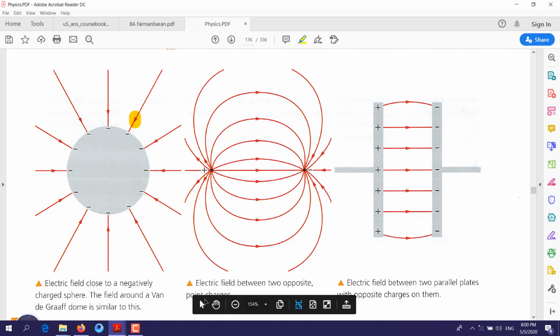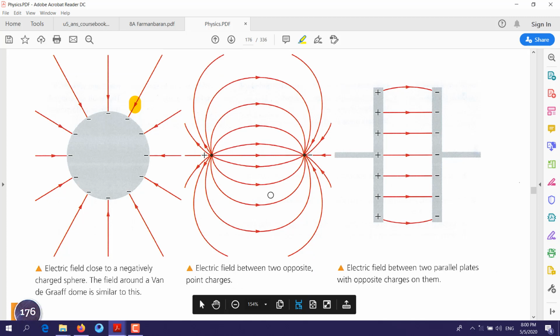Here is the electric field between two opposite point charges. Here we have negative, here we have positive. Two different points, two opposite points. Then in this case, we have two parallel plates with opposite charges on them.